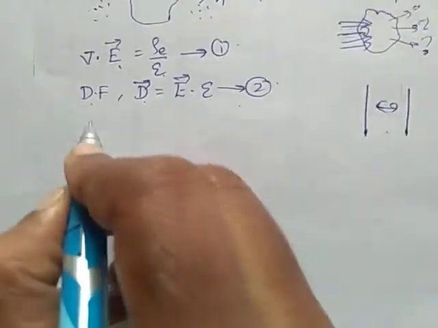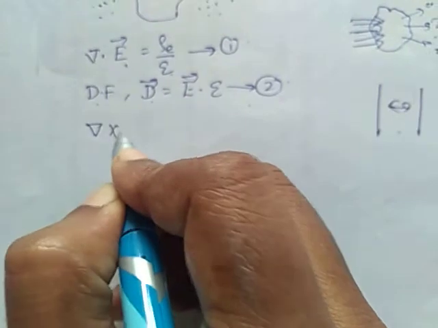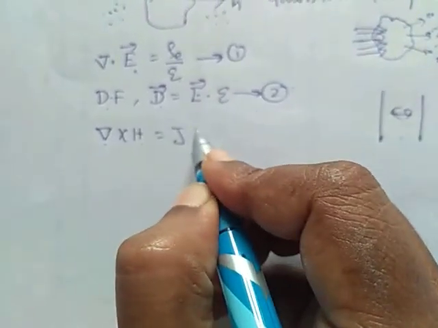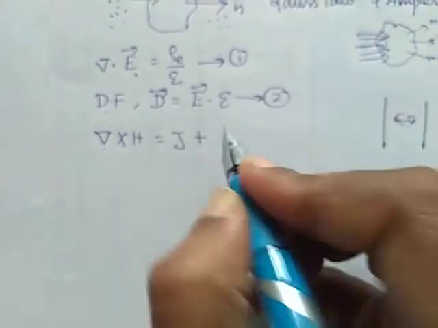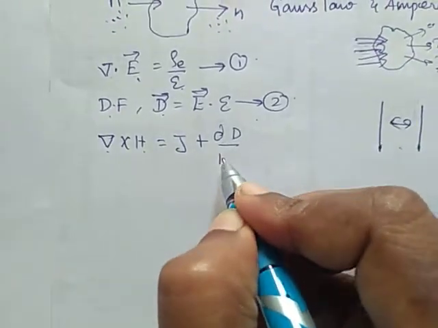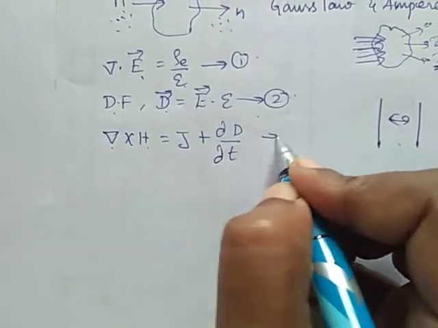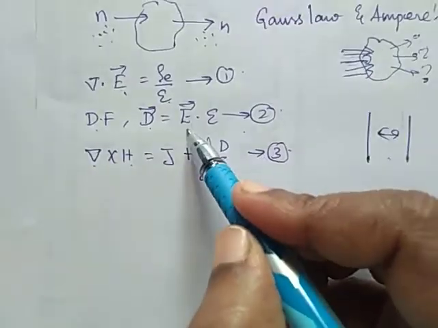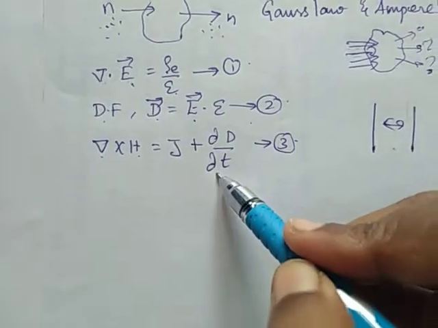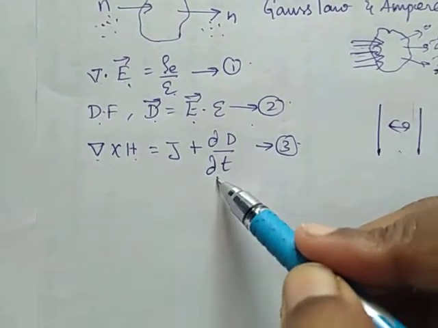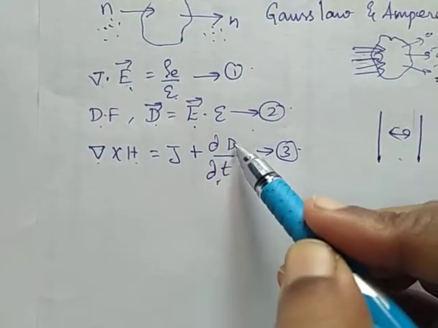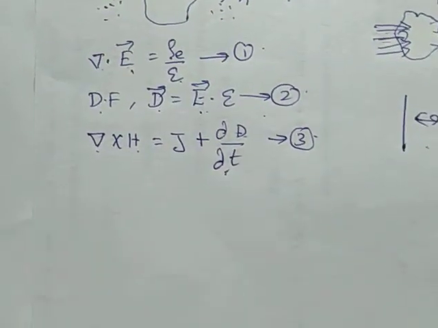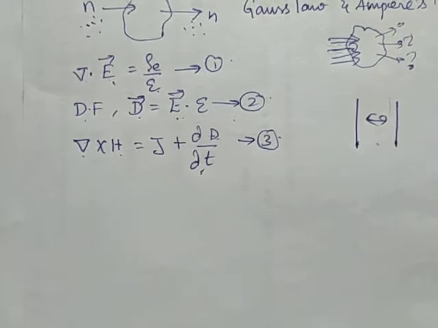And we got Ampere's law as curl of H is equal to J plus dou D by dou t. This is our Gauss law, this is the definition of dielectric field, and this is Ampere's law. In Ampere's law we have D, the dielectric field, so I have written the formula for it also.